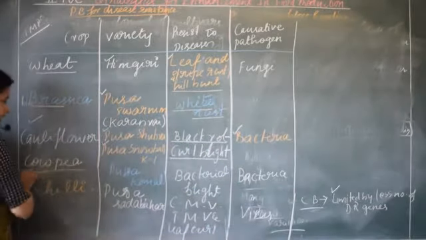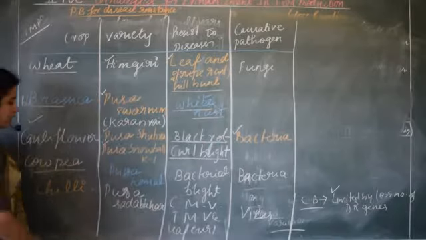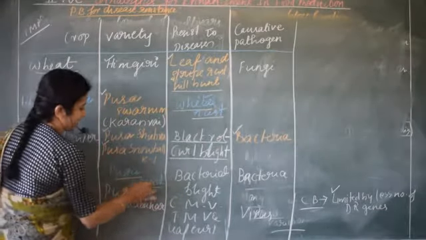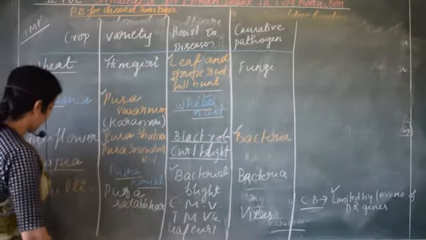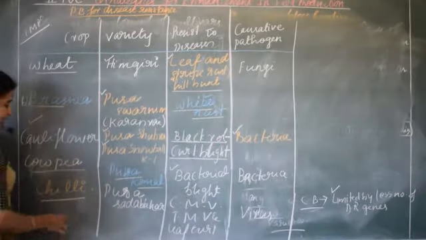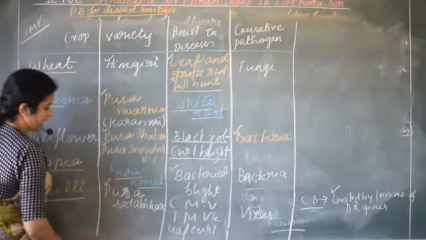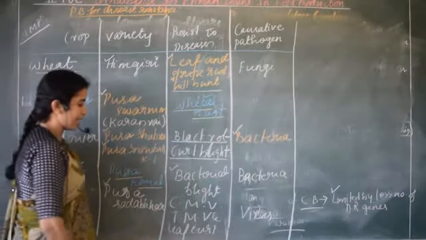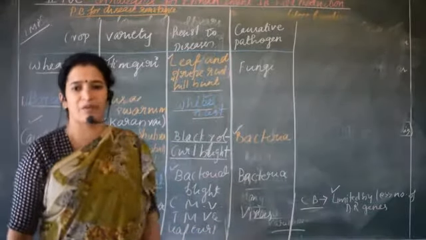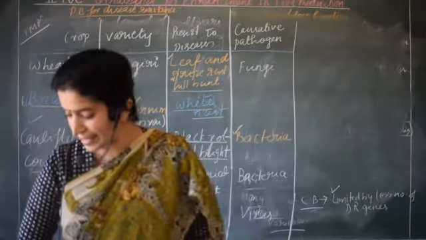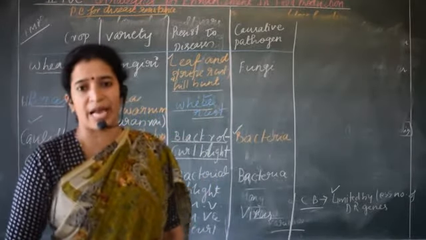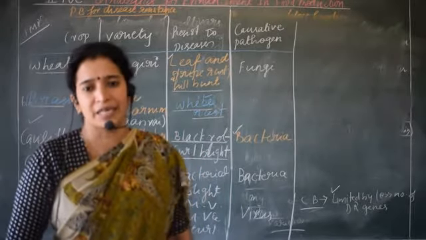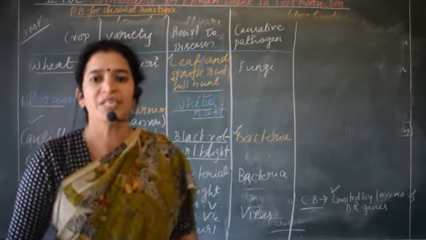Then cowpea, Pusa Komal, can resist bacterial blight caused by bacteria. Then chili, Pusa Sadabahar, can resist chili mosaic virus, tobacco mosaic virus, and leaf curl disease caused by viruses.